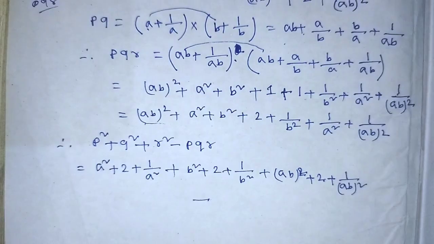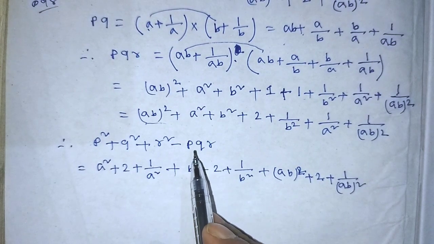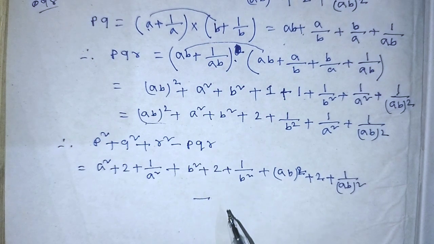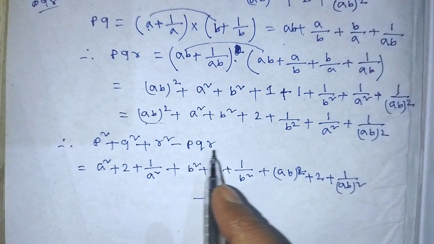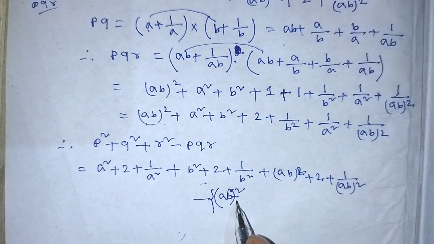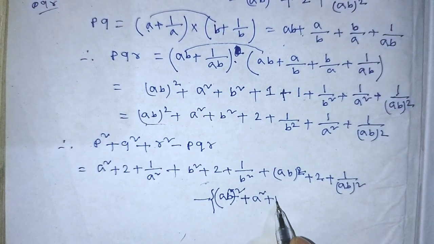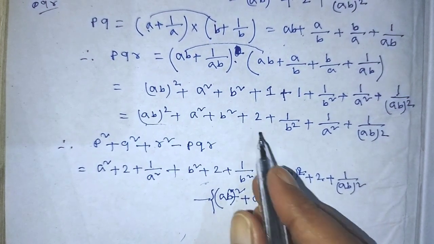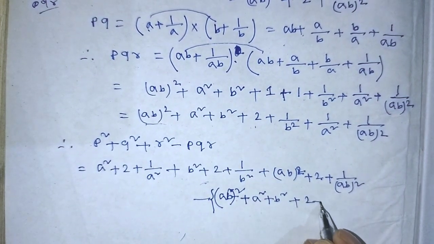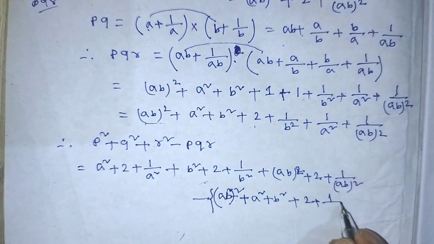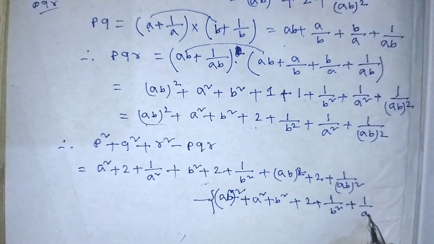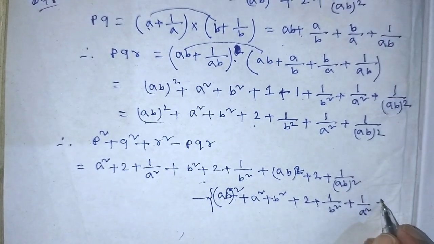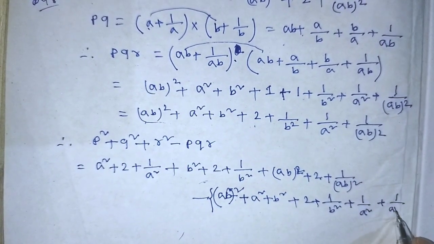Minus, so now we can put the value of pqr in this place. Okay, so we can write in here the value of pqr is (ab) whole square plus a square plus b square plus 2 plus 1 over b square plus 1 over a square plus 1 over (ab) whole square.